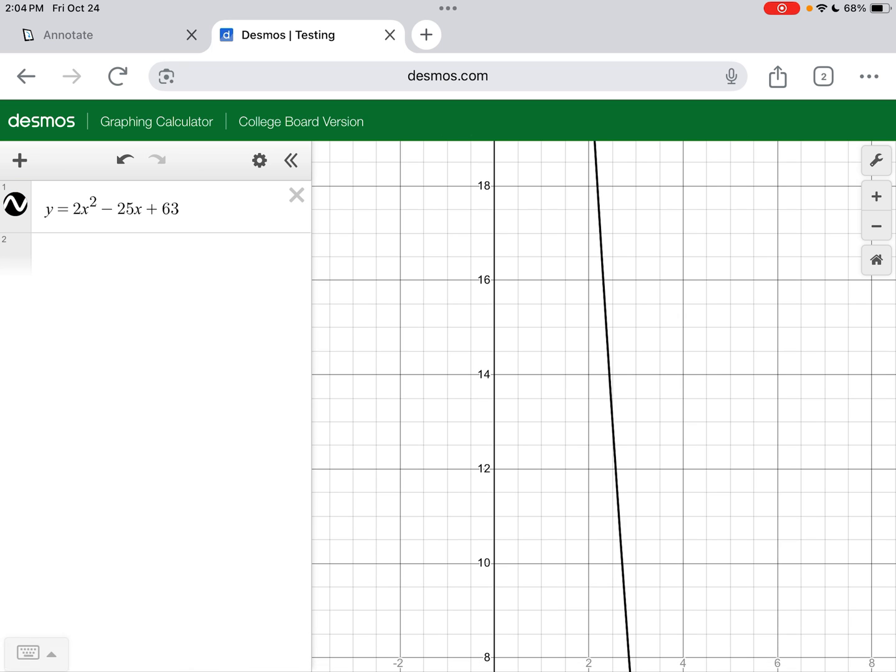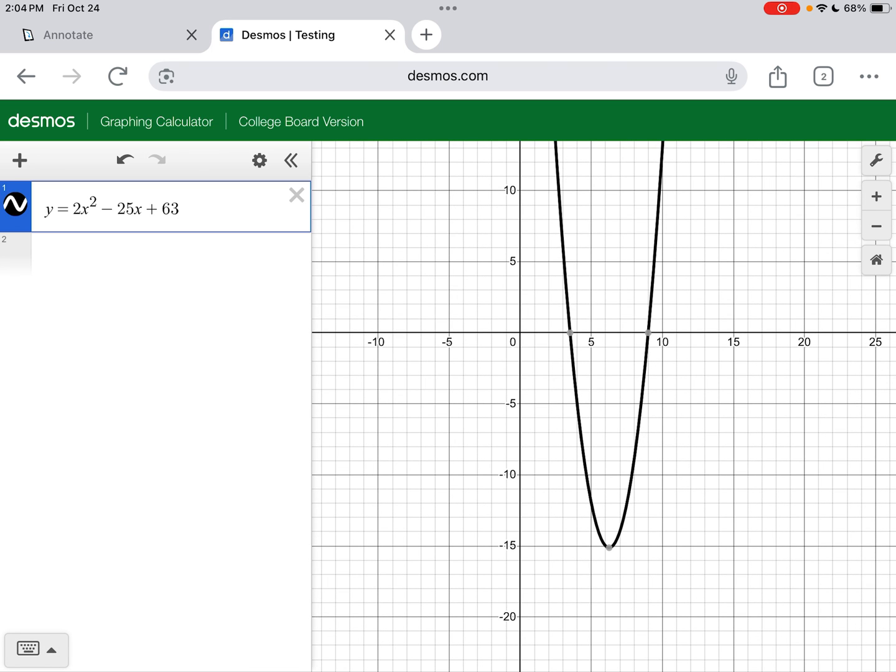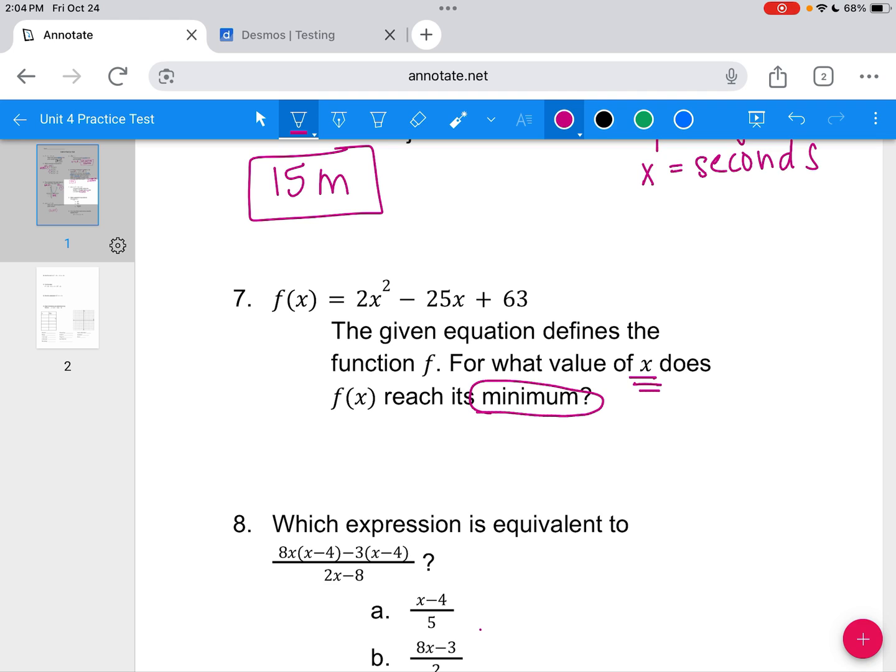The minimum is down here. 6.25 comma negative 15.125. So I'm going to write that down. And of course, it wants the x value, so my final answer would just be 6.25. That's the x value.